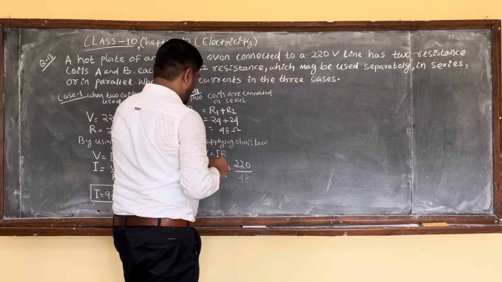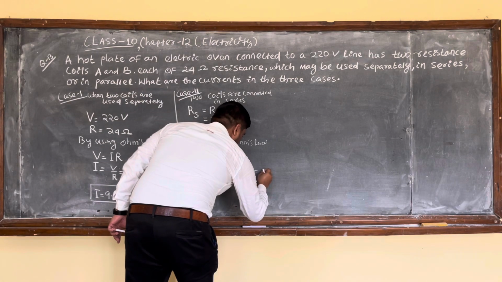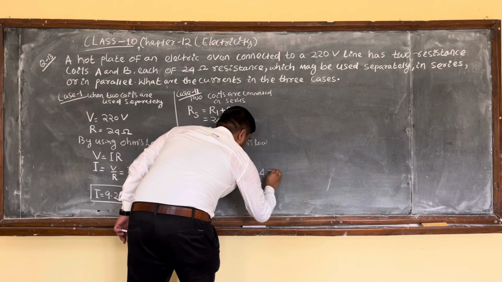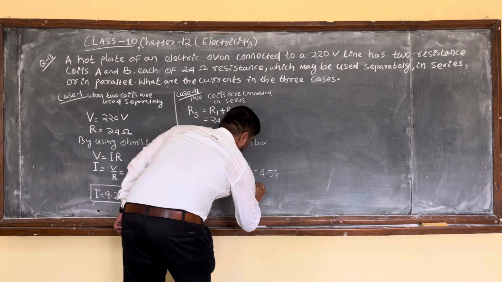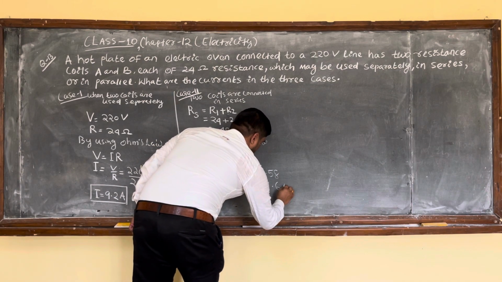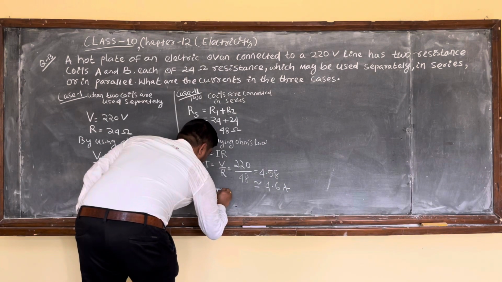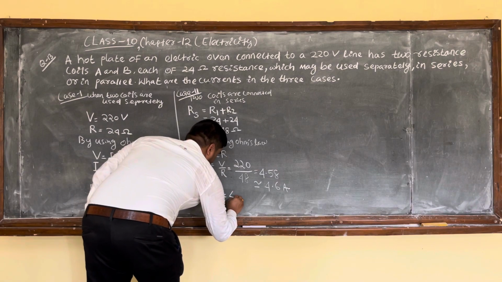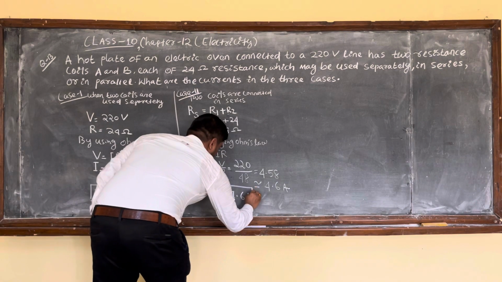When you divide 220 by 48, the answer will come 4.58, which is nearly equal to 4.6 ampere. So for series connection you find the current is 4.6 ampere.